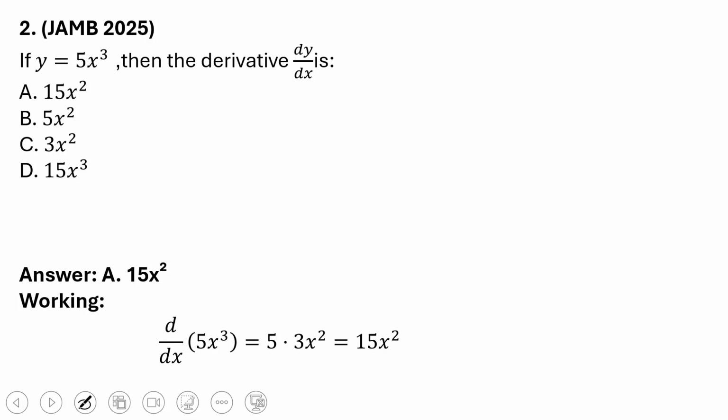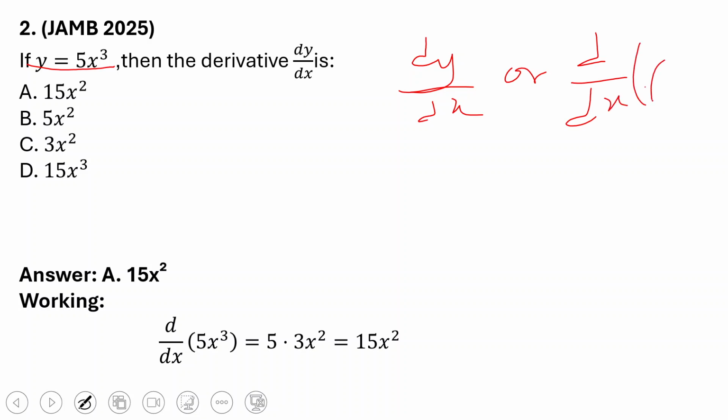Number 2 question came out last year, JAMB 2025. It says if y is equal to 5x cubed, then find the derivative. Derivative dy dx can also be written as d dx of the function, whatever function you have.